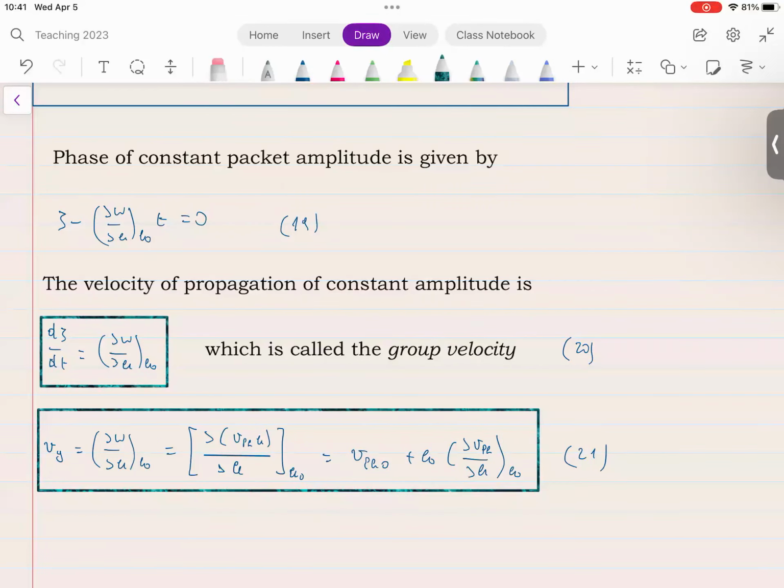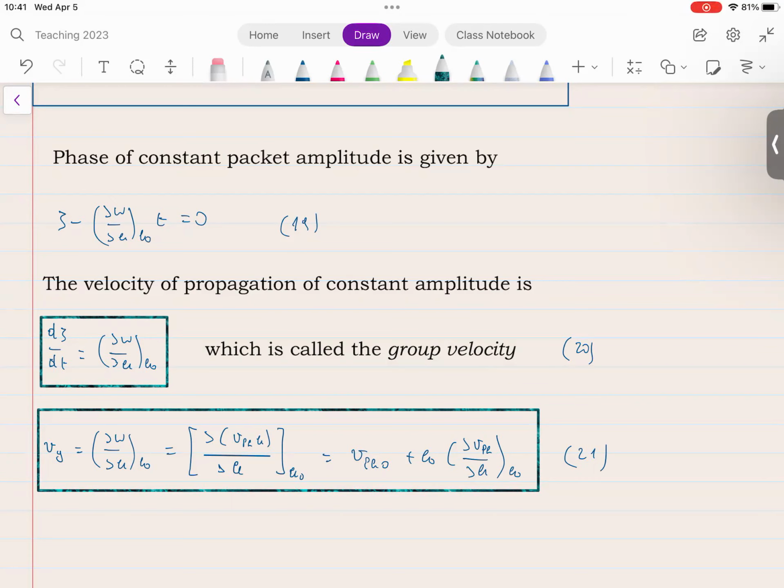Now, a couple more things and we're really done. If the medium is such that the phase velocity does not depend on k, that is, if omega of k is linear in k, when I do omega over k, I get a constant. And when I take the derivative, I get the same constant.